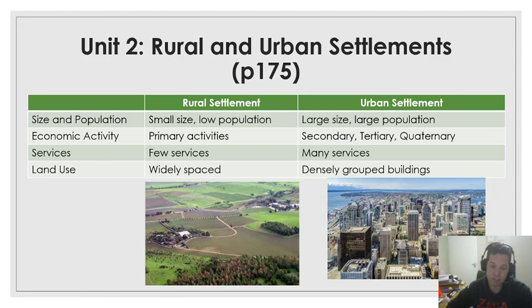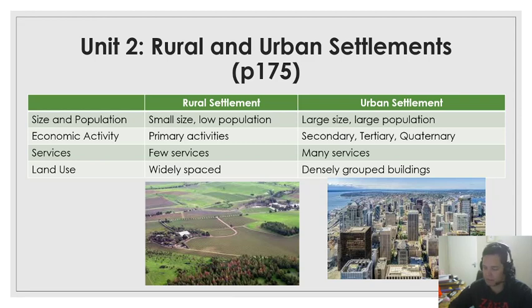If we look at services, we can understand services to be things that the settlement provides, like education, internet, healthcare services, waste removal, electricity, water, police, all of those things. In a rural area you would have fewer of those services.